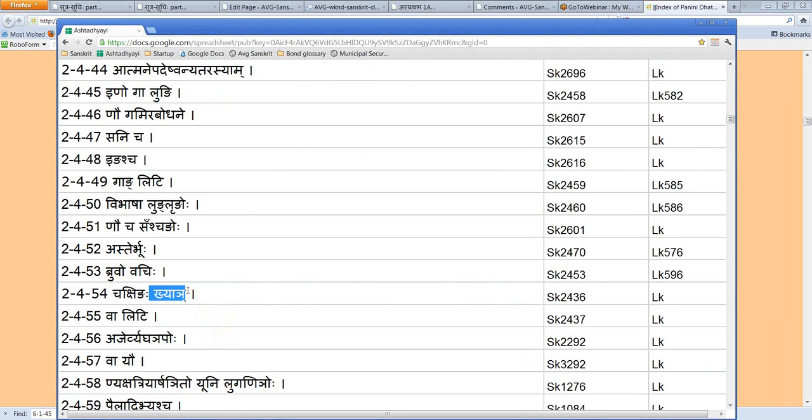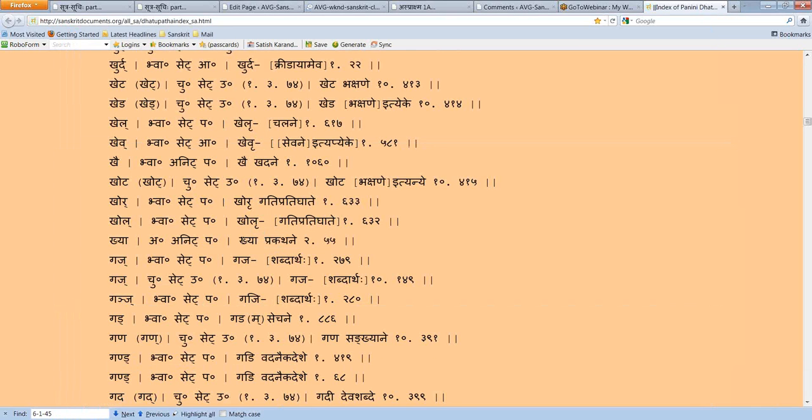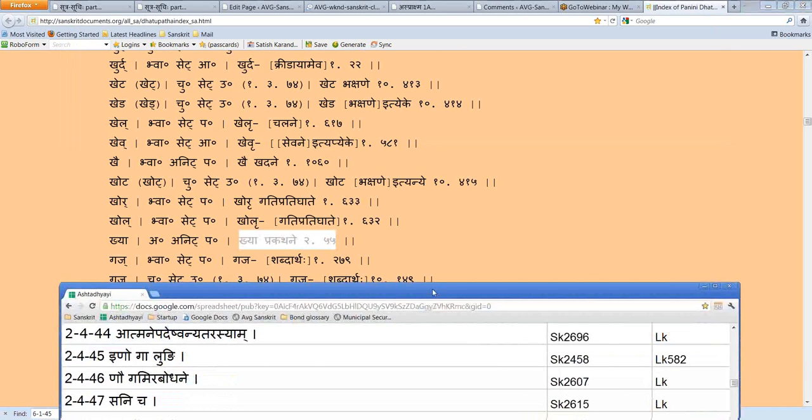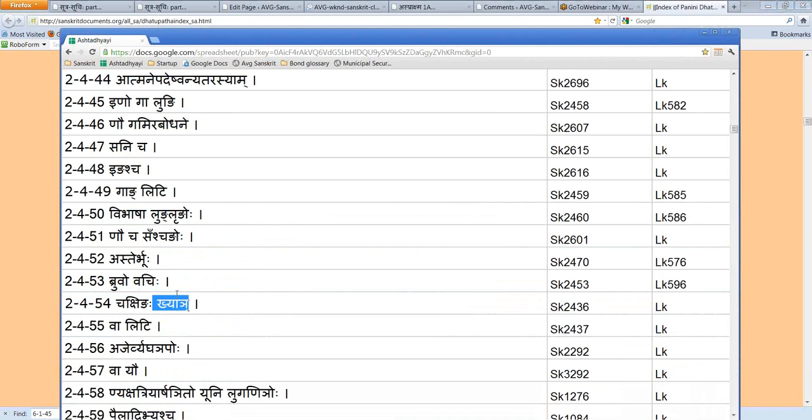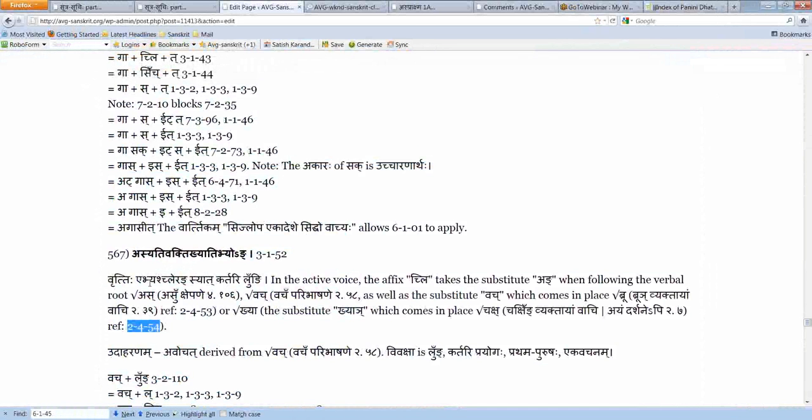So we have to understand that this kya mentioned in this rule is not the kya prakathane, because according to Mahabhashyam that is only to be used when sarvadhatukam follows. Otherwise, no. So this one is the one meant here. Coming back to the sutram, what does it say? Very simple: asyati vakti khyati bhyong, ebhyaha chilehe ang syat, kartari lungi.